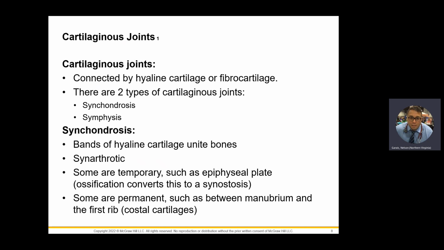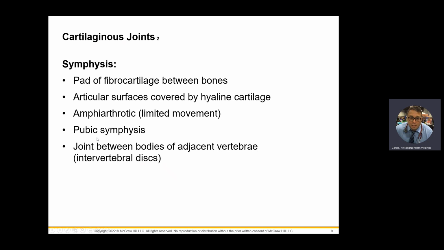Your ribs and your rib cage and your thoracic cage have to move a little bit upon inspiration, and of course, upon expiration as well. We also talked about your intervertebral disc. It is a piece of cartilage that's in between your vertebrae. And last but not least, next page, your pubic symphysis.